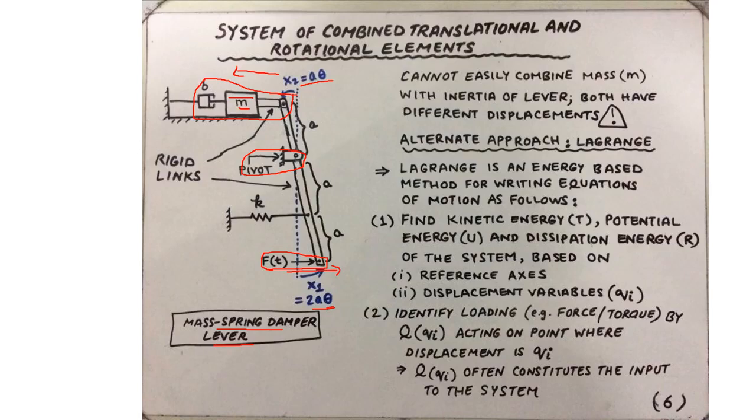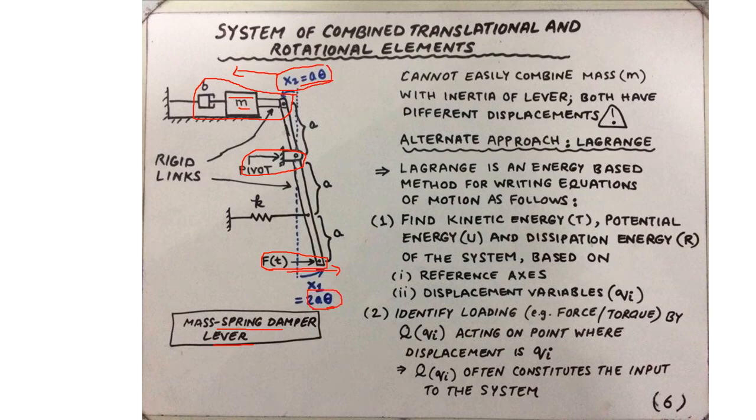Now obviously, here again we can utilize a small angle approximation to approximate the angular displacement of the lever by means of an approximate linear displacement. But how can we solve the problem of different amounts of displacement experienced by the mass and the lever?